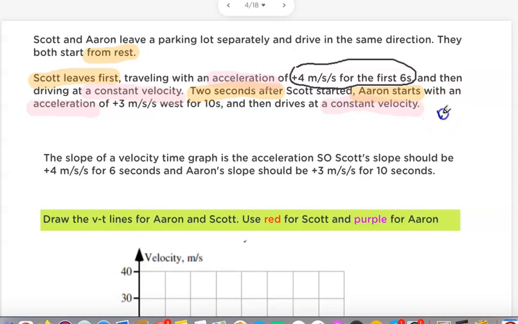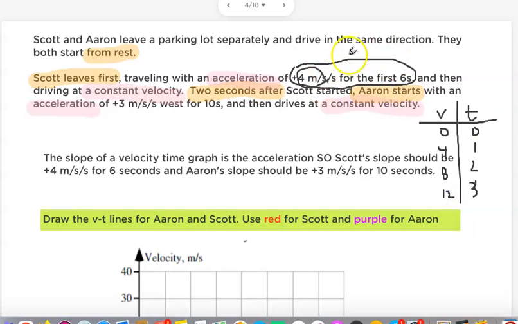So if I had a velocity time chart here, time 0, 1, 2, 3, and so on. I start from rest. Well, 1 second later, I'm going 4 meters per second. Another second, I'm going 8, and I'm going 12.